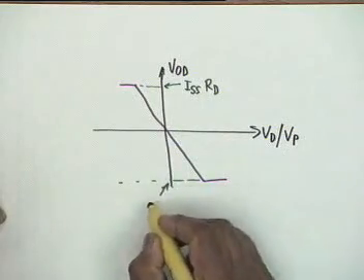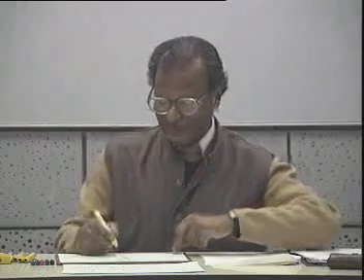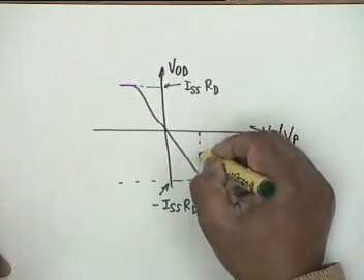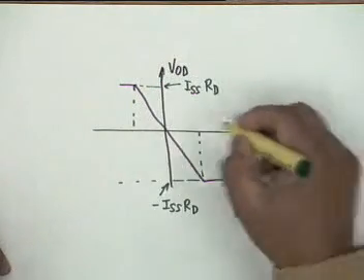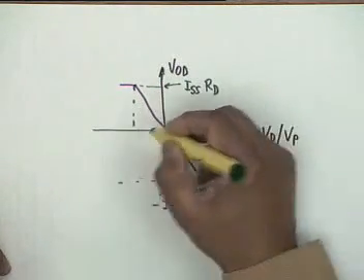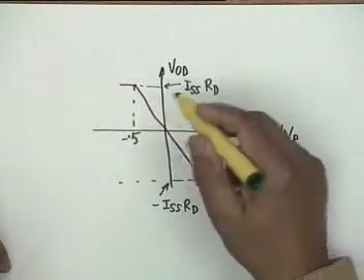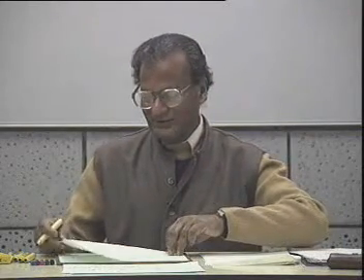And this voltage, in the BJT case, was IEE times RC, and the other one was minus ISS times RD. And these limits of linearity, it's approximately linear when VD by VP lies between minus 0.5 and plus 0.5. So these are the limits of linearity of an FET amplifier. Any question? Okay.